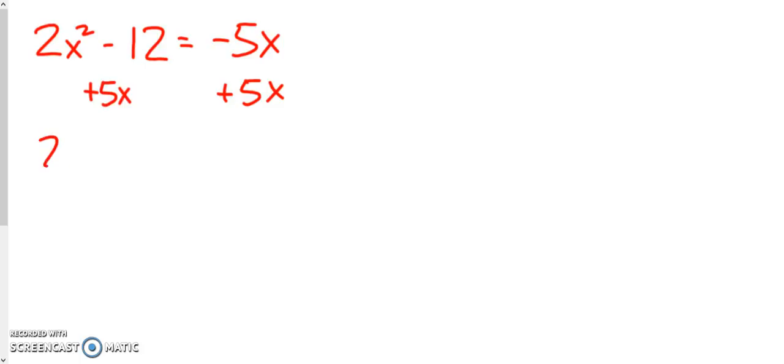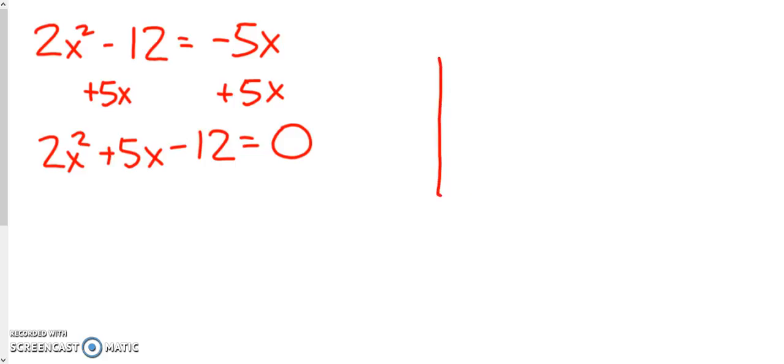Now 2x squared minus 12 equals negative 5x. Again, if you're going to do this by factoring, it's got to be equal to 0. So we add 5x to both sides, and we get 2x squared plus 5x minus 12 equals 0. This one isn't just a single x squared, I've got a 2x squared, so I can use my little factoring box.